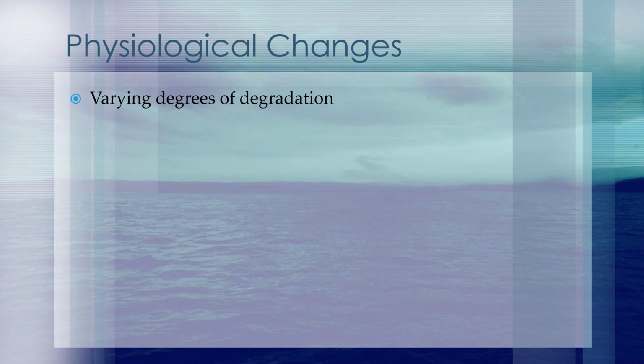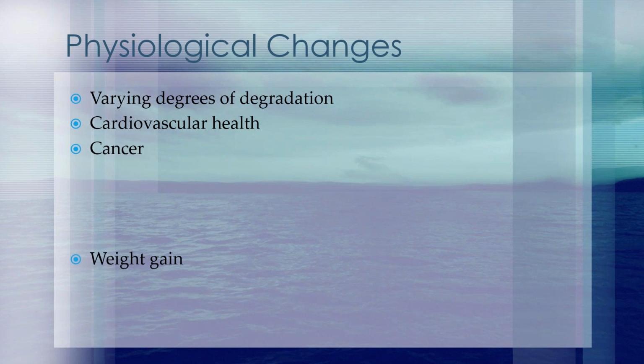With psychological changes, this varies drastically between different age groups. We can see a drastic change within their cardiovascular health depending on genealogy and also depending on those lifelong habits that they developed at that early adulthood phase. We see a drastic increase in patients who get diagnosed with a variety of different cancers, and then we see a big weight gain.